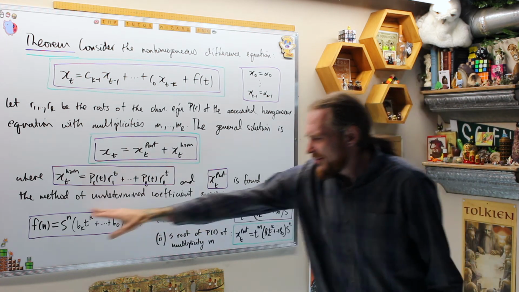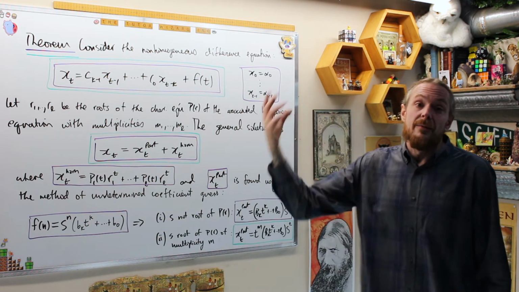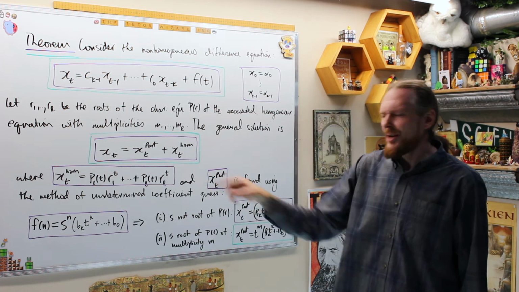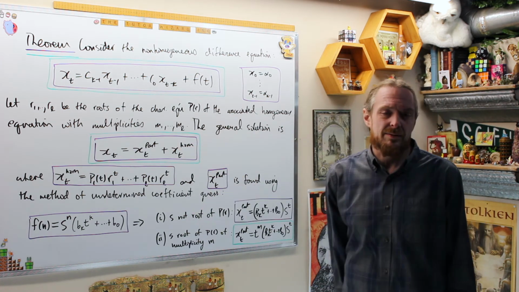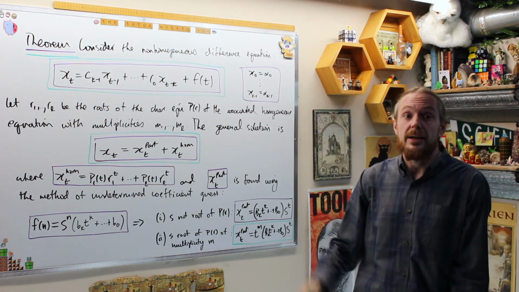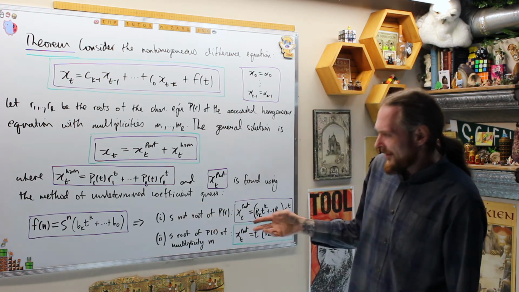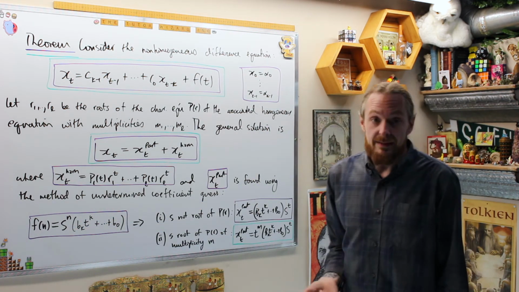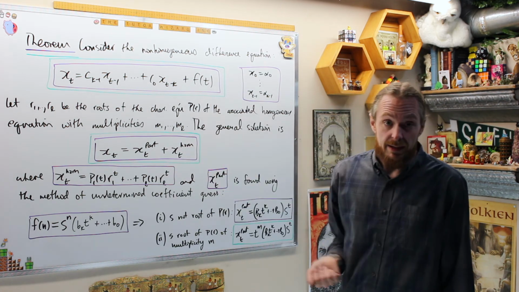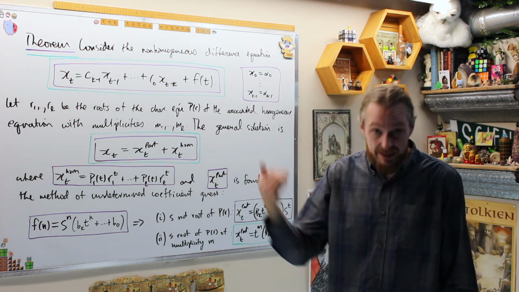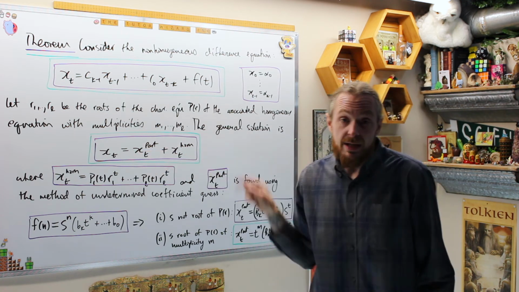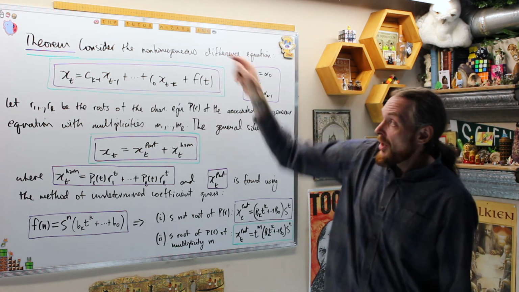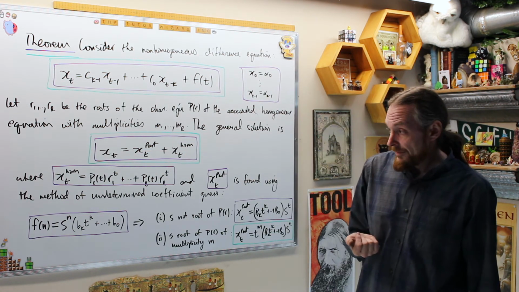For certain special kinds of functions, in general this is non-trivial, I can explicitly give you the particular solution, and then therefore we'll have an explicit solution for the general closed form of non-homogeneous difference equations.